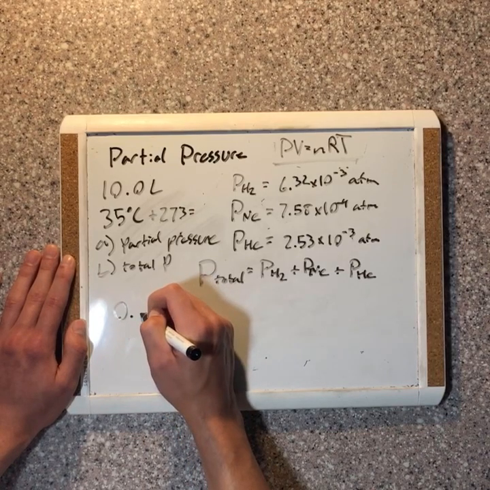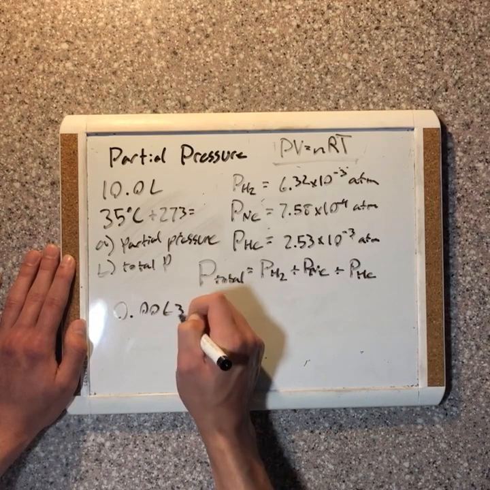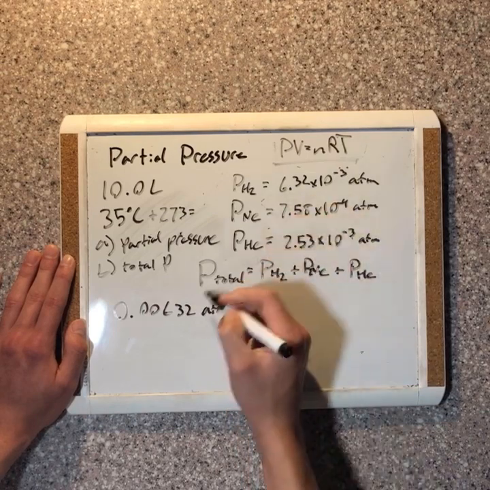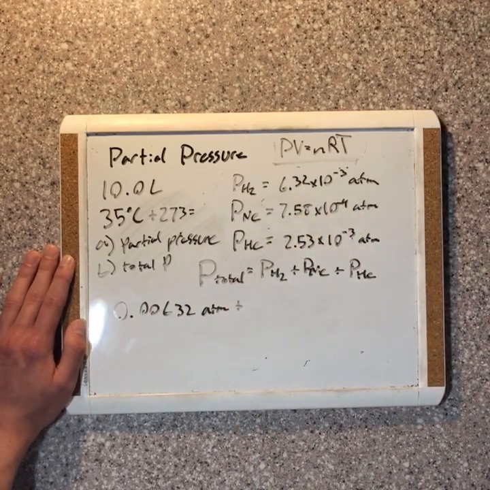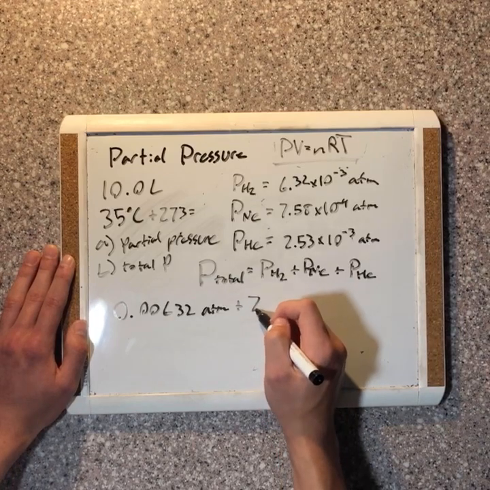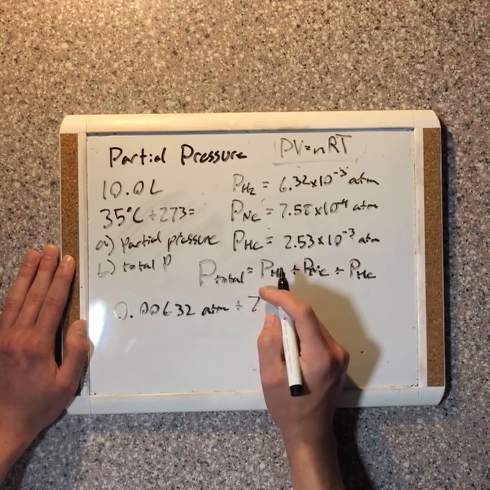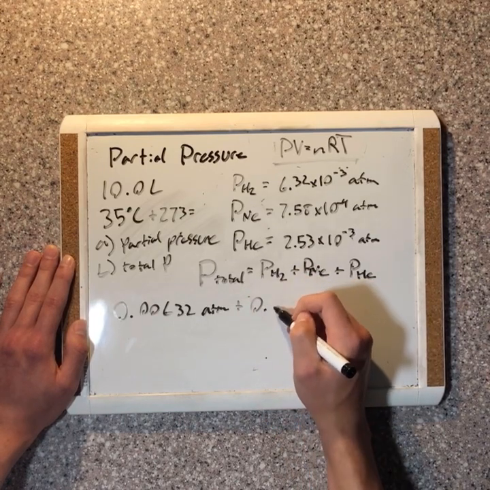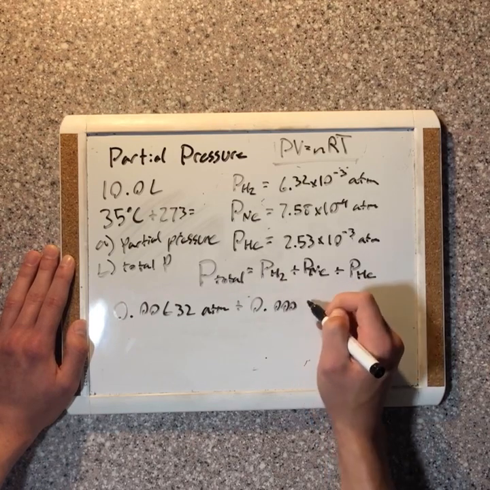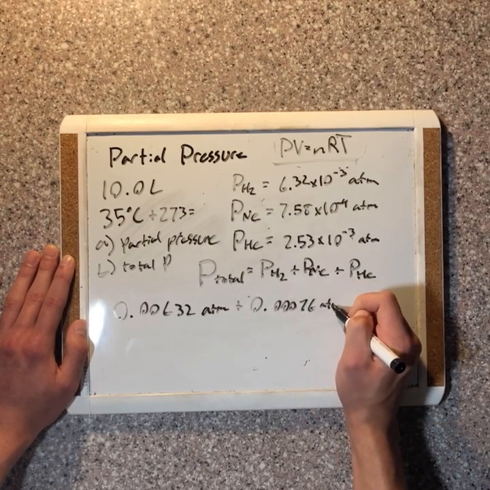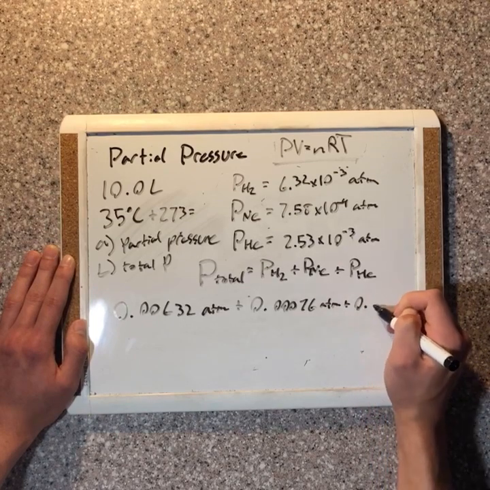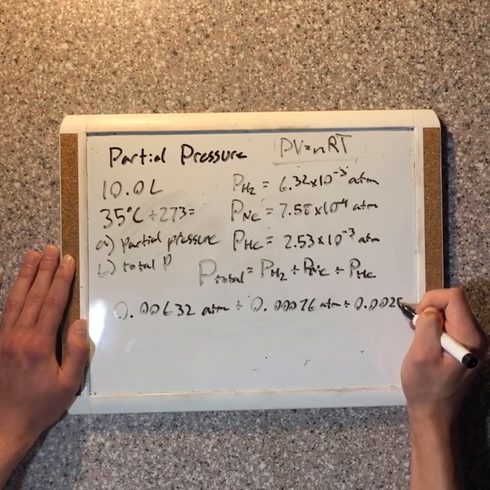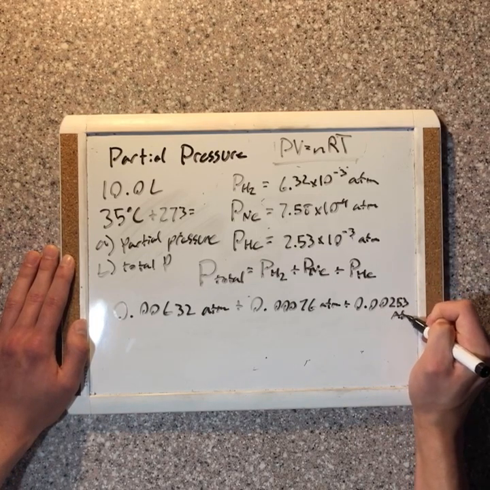We're going to get 0.00632 atm. All right, that's for hydrogen. We're going to add 0.00076 atm, and lastly 0.00253 atm.